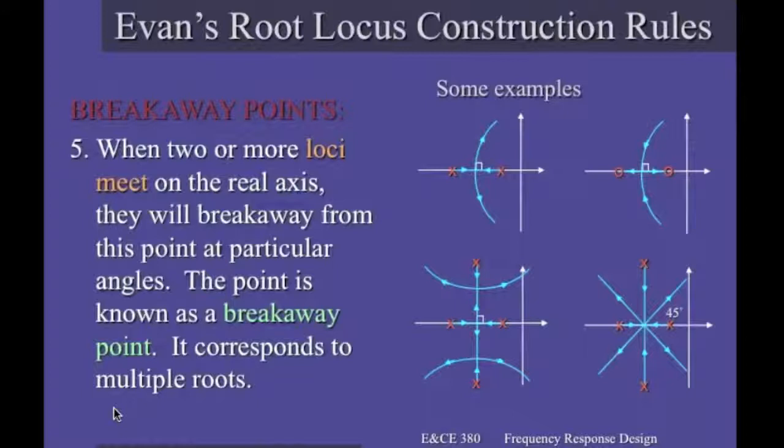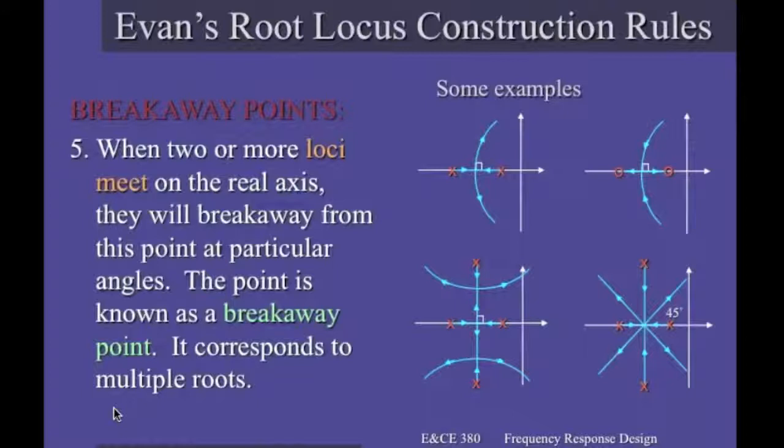So they come from the upper and the lower half plane, and they have to land on the real axis, and then each one of them has to go toward each one of the two open loop zeros. So once they land on the real axis, they hit each other.